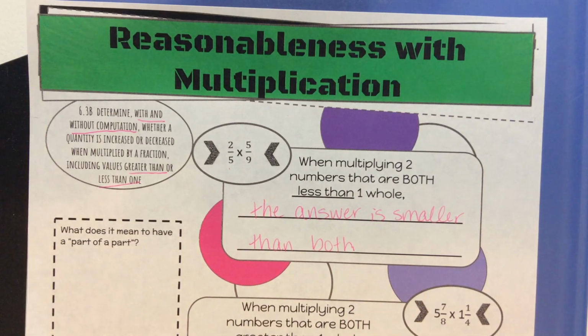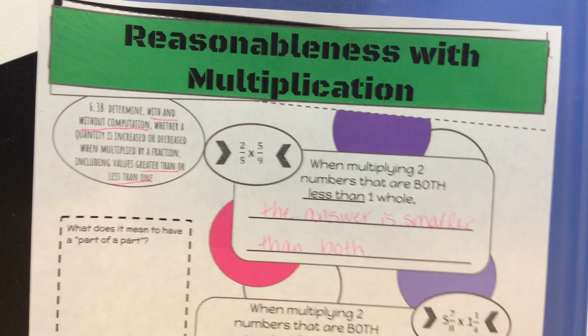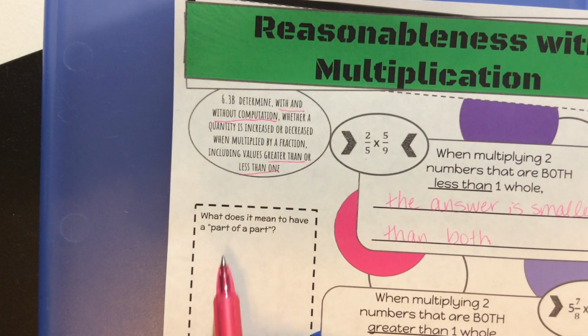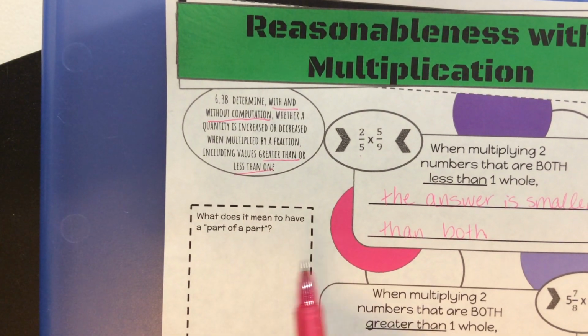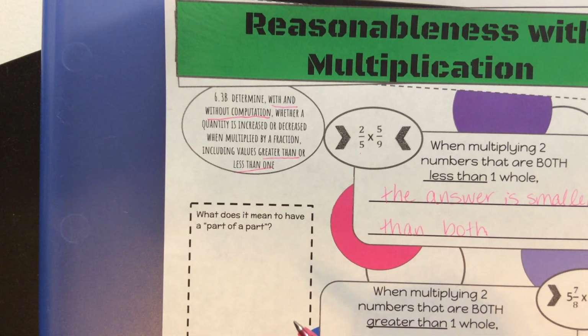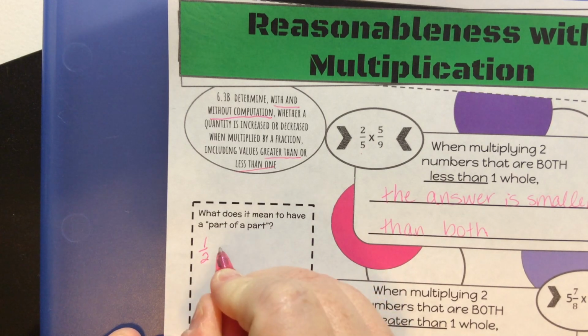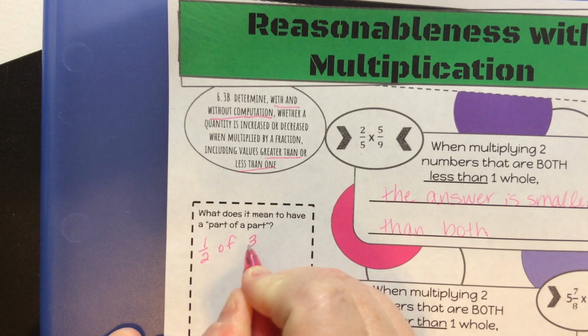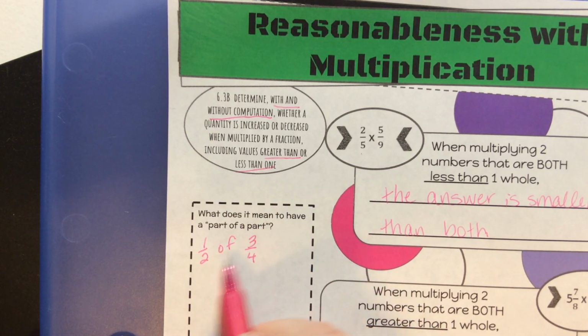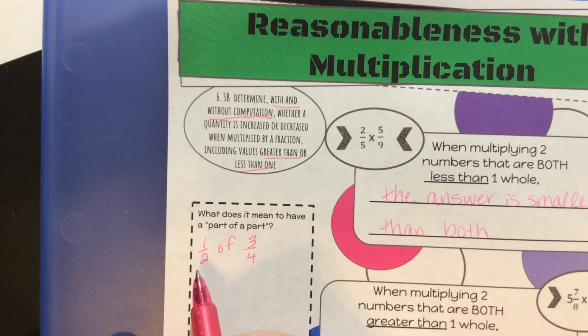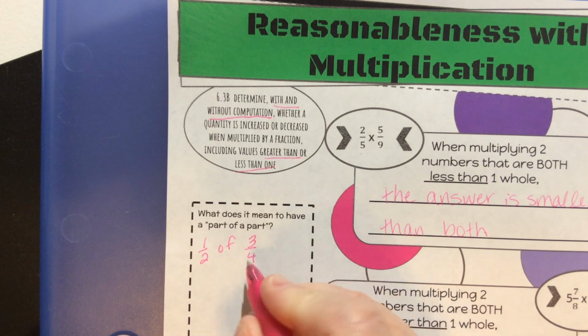Got that one? The next rule says, let me go over here and look at this for a second. What does it mean to have a part of a part? This kind of goes back to the idea, let's say you have a 3/4 of a candy bar and you give your brother half. You're giving him a part of your part.